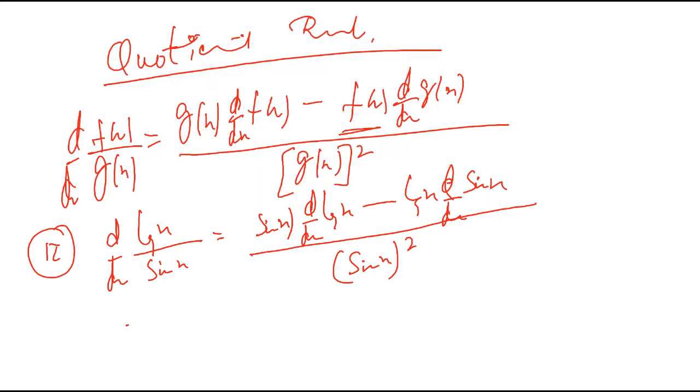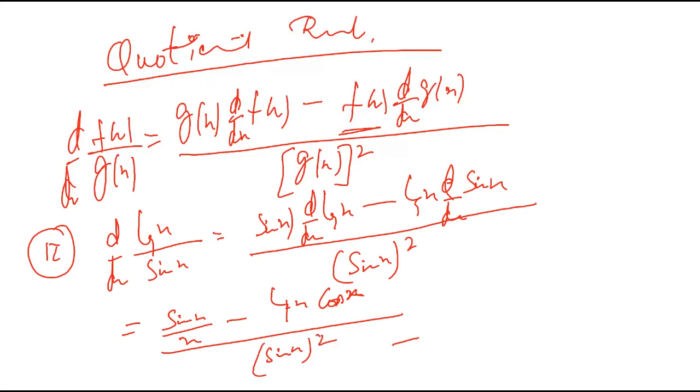Now the sin x will remain as it is. I differentiate log x, and it becomes 1 over x. Here, minus log x, and sin x gives you cos x, and in the denominator you will have sin x whole square.